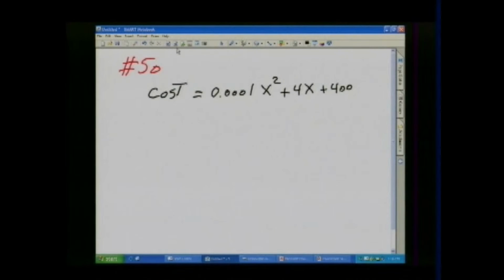Each racket can be sold at the price of p dollars, where p, so p stands for price, is equal to minus 0.0004 x plus 10.